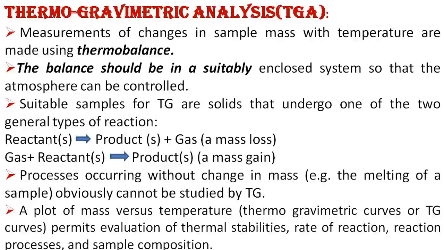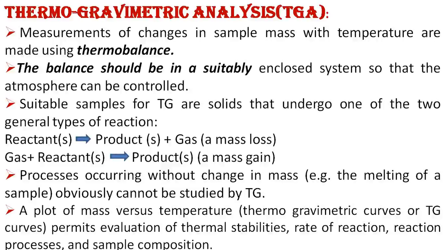First one is the reactant, which produces product plus gas, a mass loss. Second one is gas plus reactant, which generates a product, a mass gain. Processes occurring without changing mass, for example the melting of a sample, obviously cannot be studied by TG.